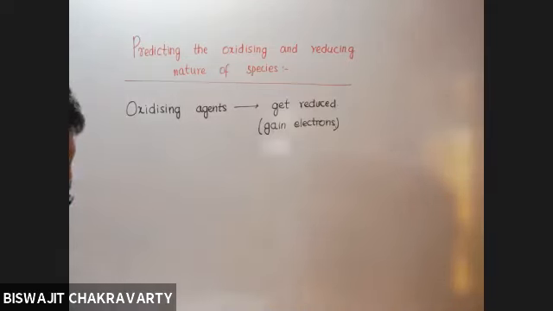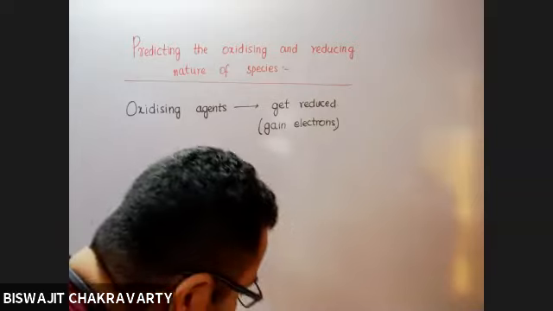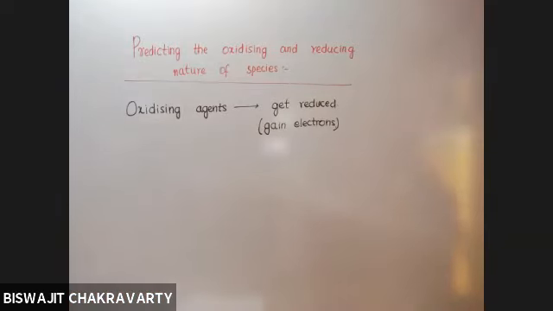Now, when any oxidizing agent gains electrons, in terms of oxidation number, what will happen? Will the oxidation number increase or decrease?